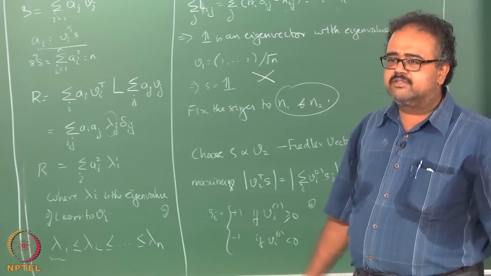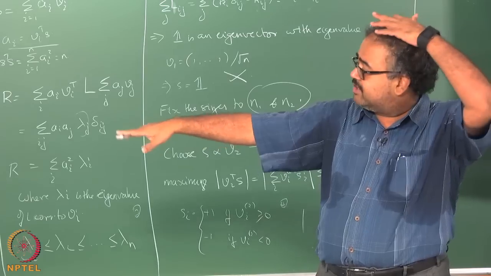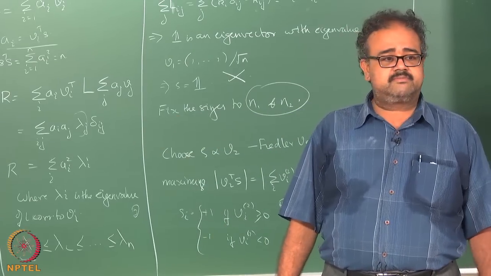So the first one is called the centered Laplacian, the second one is called the random walk Laplacian.